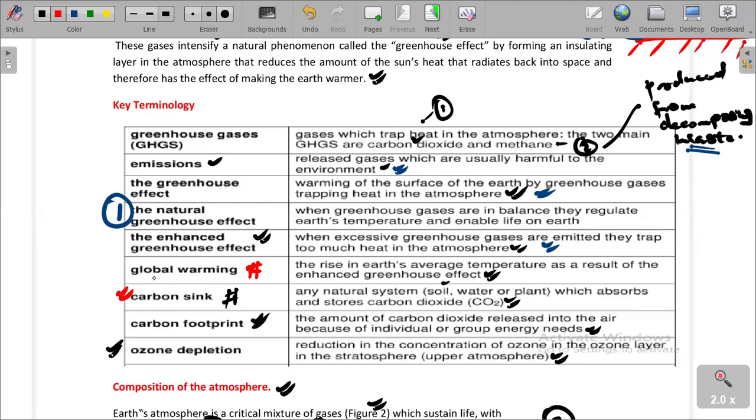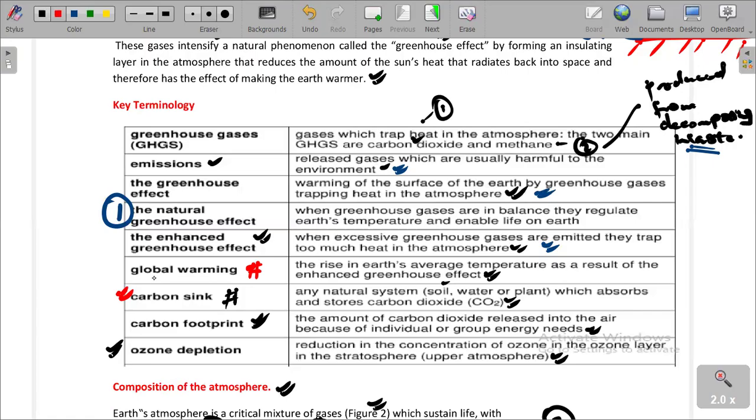So carbon footprint is the total amount of carbon dioxide released into the air because of an individual or a group's energy needs. It can be by an industry or by an individual, the total amount of carbon dioxide that is released into the atmosphere. Usually, it is calculated over a period of a year.